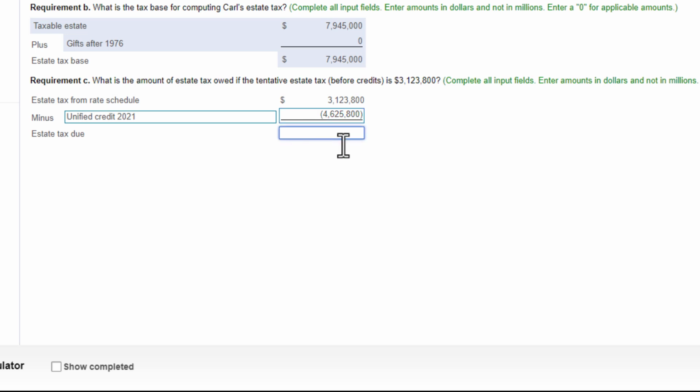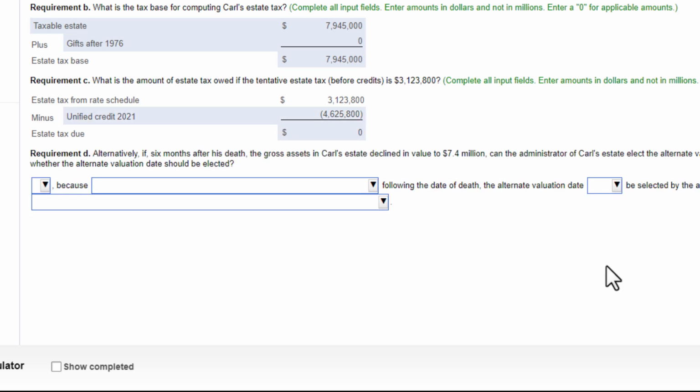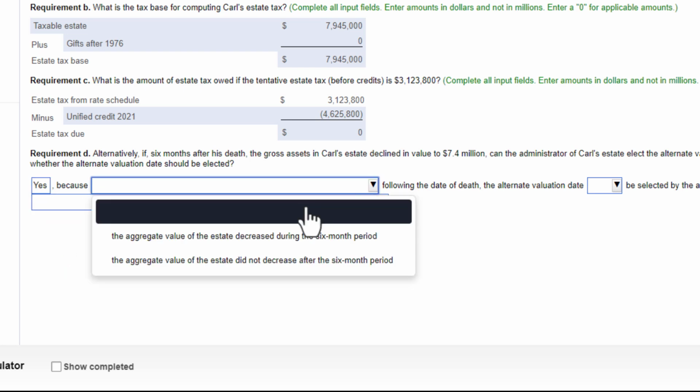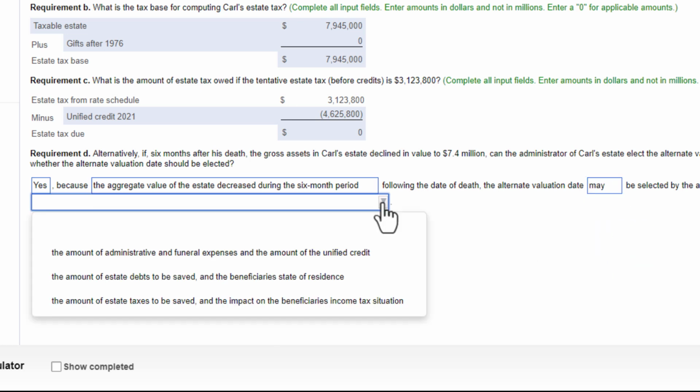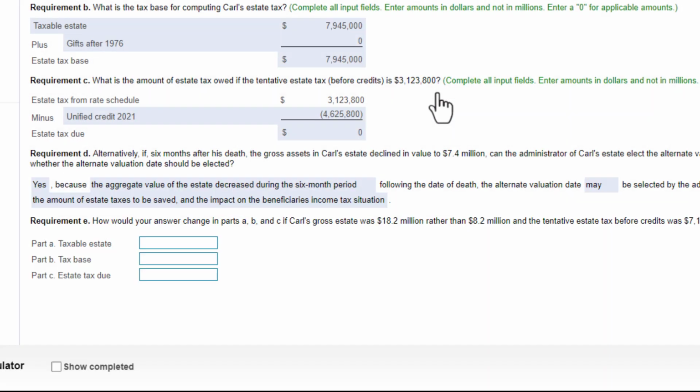But the law says he doesn't get money back on this. So if it doesn't meet the $4,625,800, then there's just 0 tax due. So we're good there. Let me go through and fill in the blank answers. And we have those in.